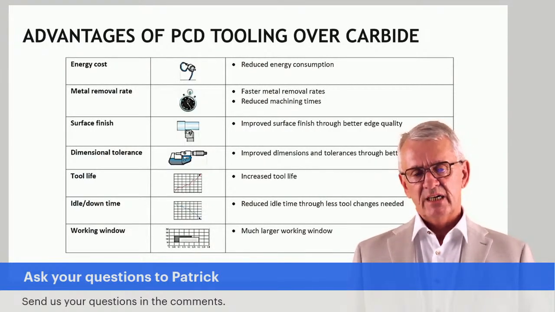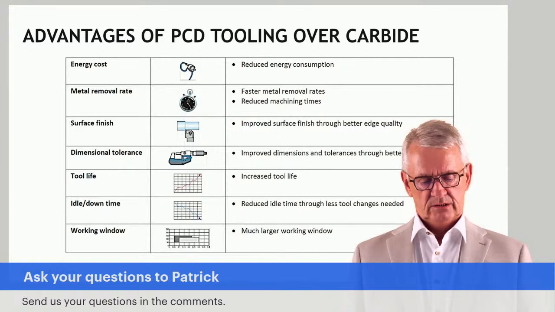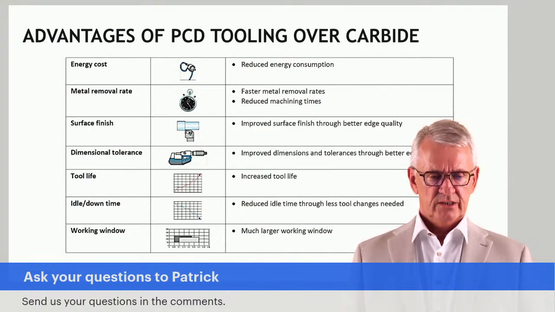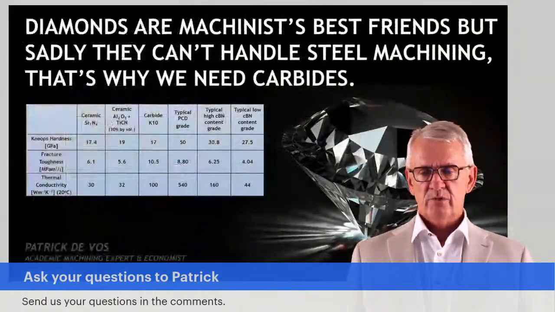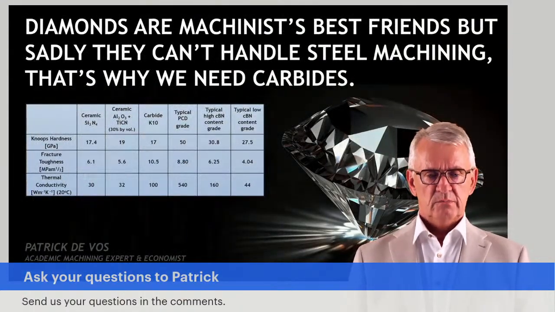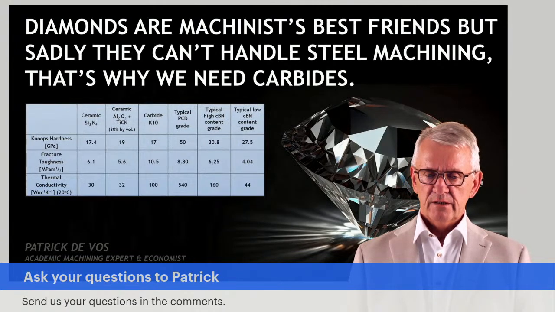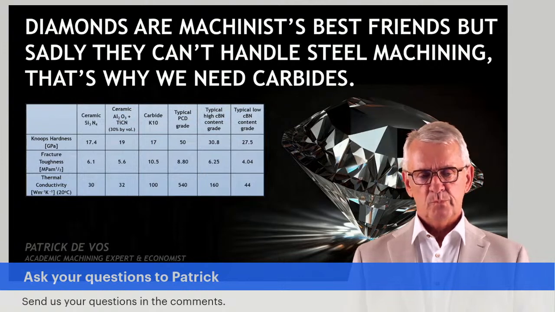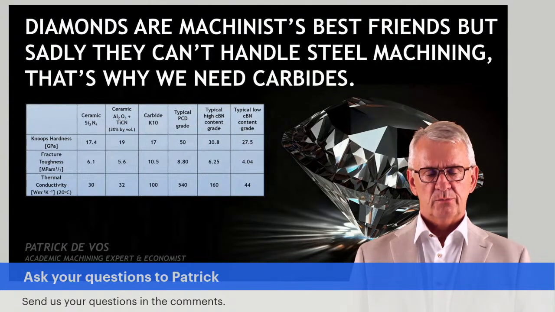There is a limit, and the limit is the combination of workpiece material, think of the iron, and the temperature and the time in cut. If that is not a limiting factor, then, as I sometimes say, diamonds are a machinist's best friend.